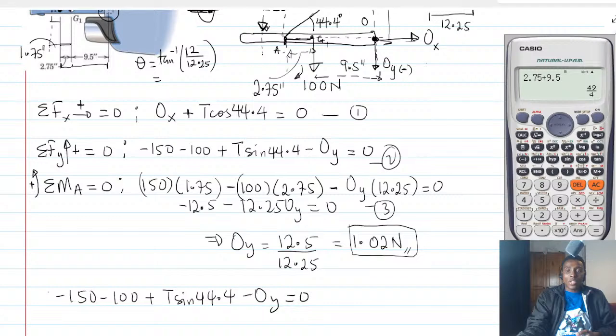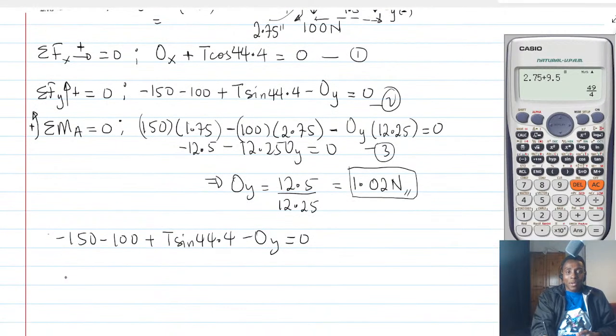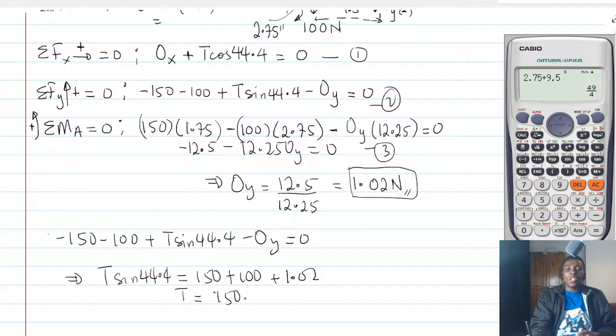So this was the equation. But now, if we solve for T, T sine 44.4 will be equal to 150 plus 100 plus OY, which is 1.02. Is that right?